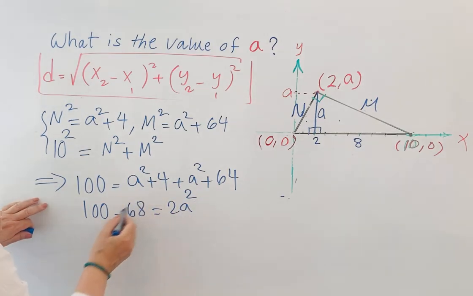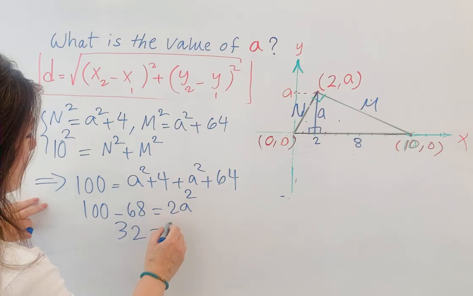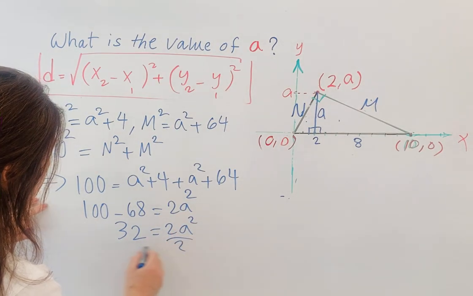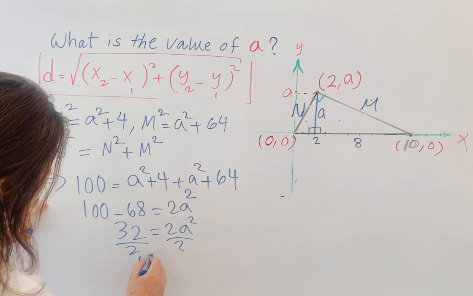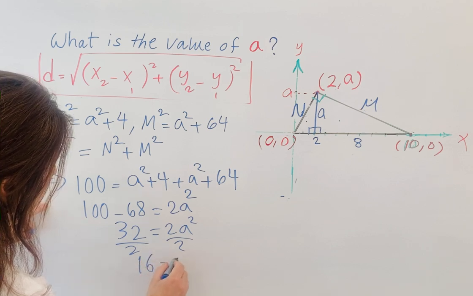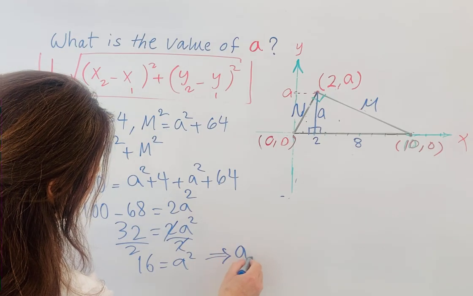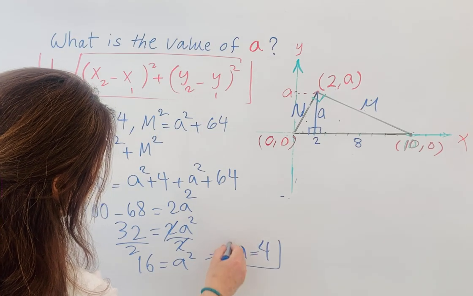We do the same things. 32 equals 2a squared, and divide by 2. This is 16 equals a squared. A equals 4.